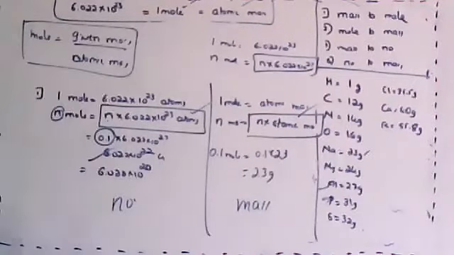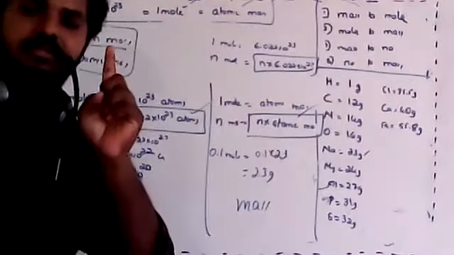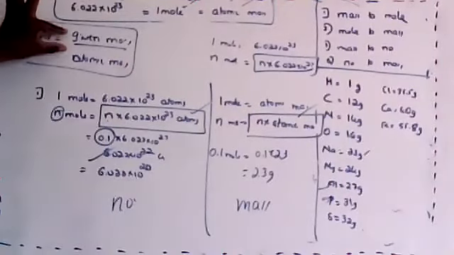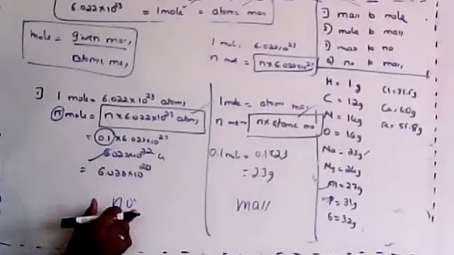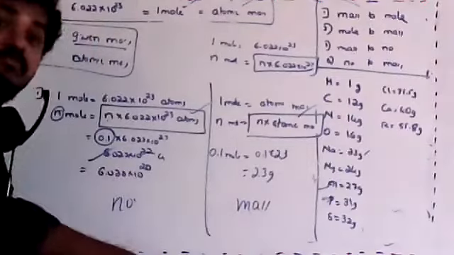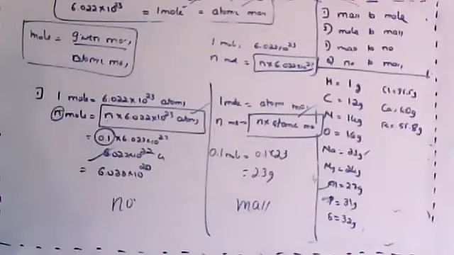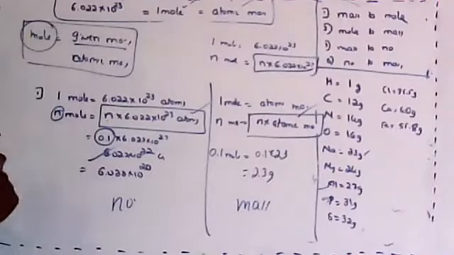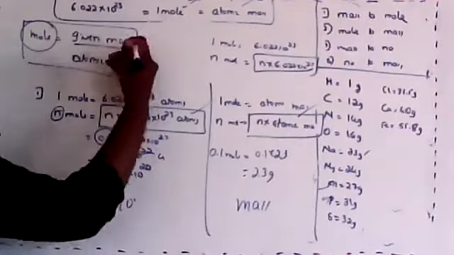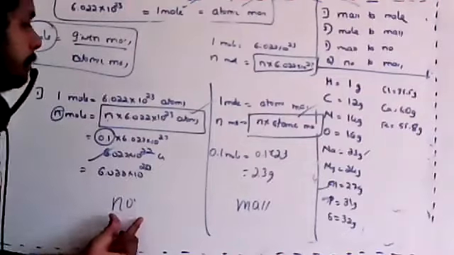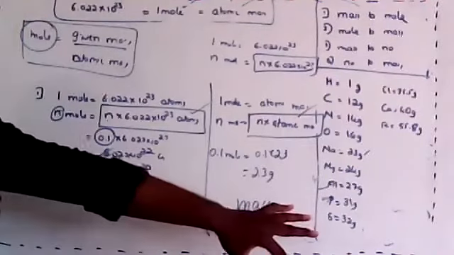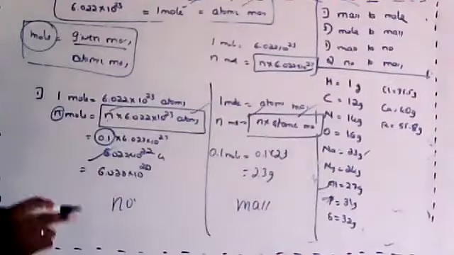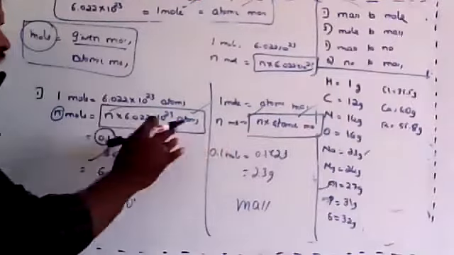For the calculation of mole, understand, dear students, and just generalizing one thing: for the calculation of mole, always division will come. For the calculation of number or mass by using mole, multiplication will come. If you are calculating something by using mole, it is multiplication.